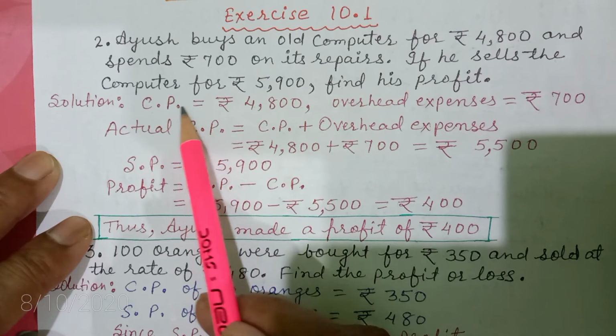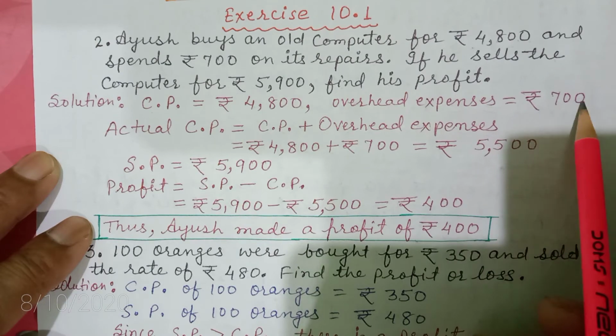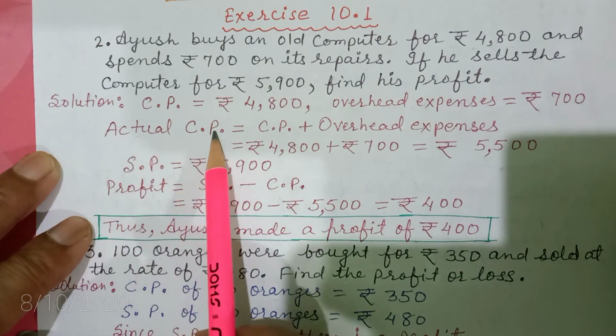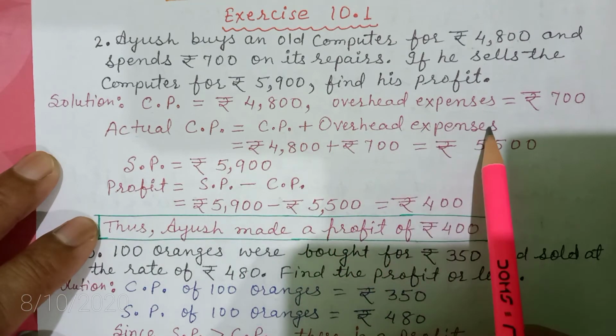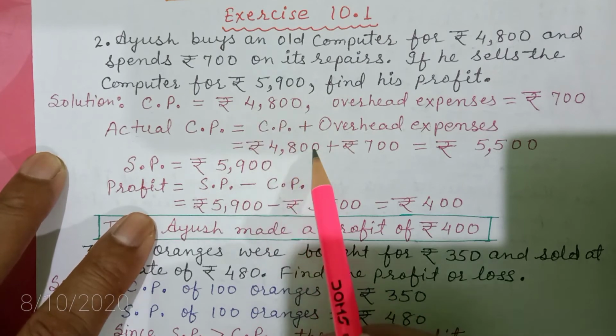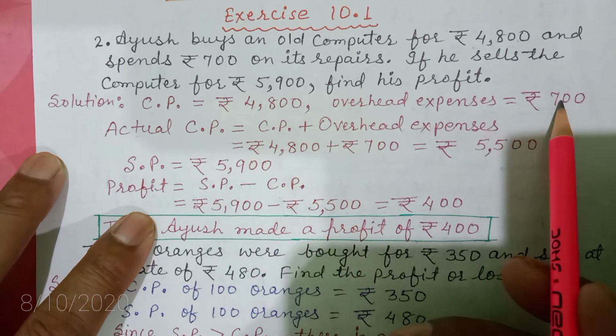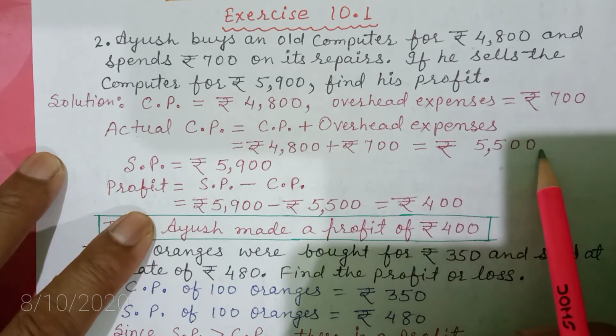Here students, CP equal to 4,800, overhead expenses equal to ₹700. Therefore actual CP equal to CP plus overhead expenses equal to ₹4,800 plus ₹700 equal to ₹5,500.